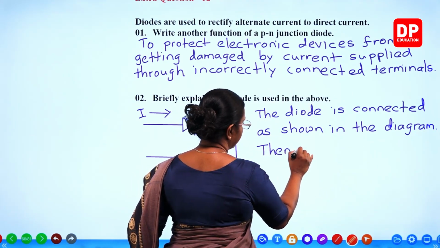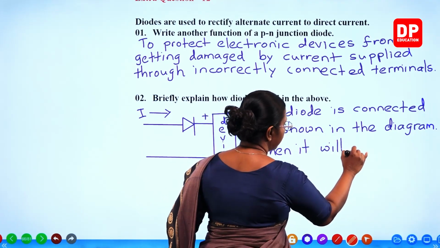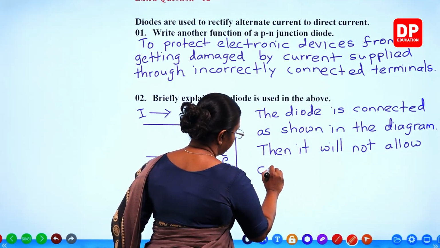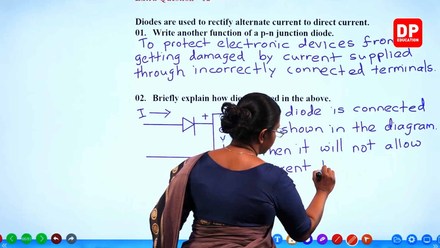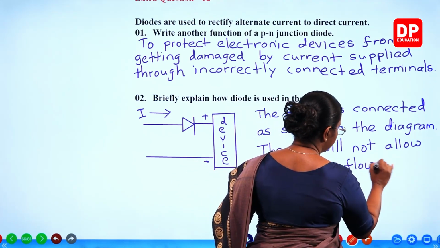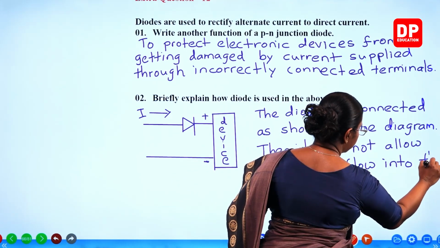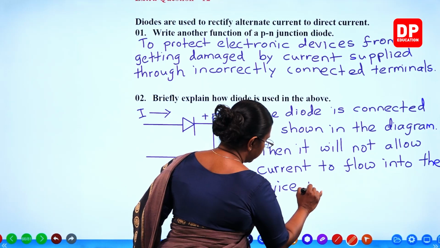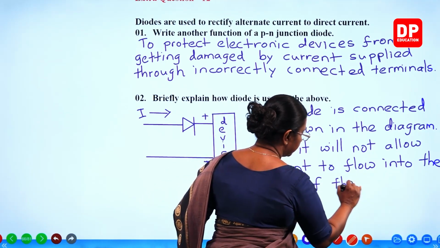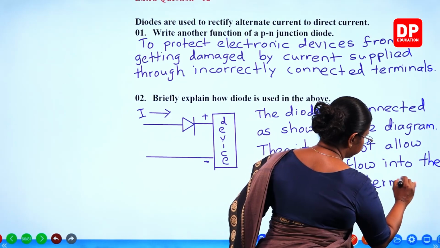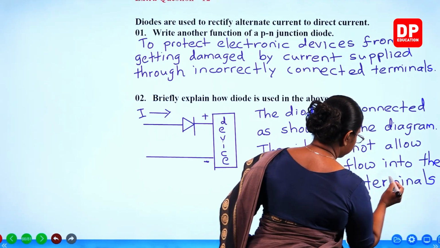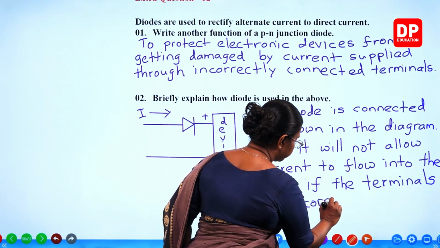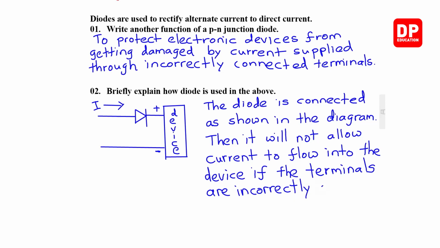Then it will not allow current to flow into the device if the terminals are incorrectly connected.